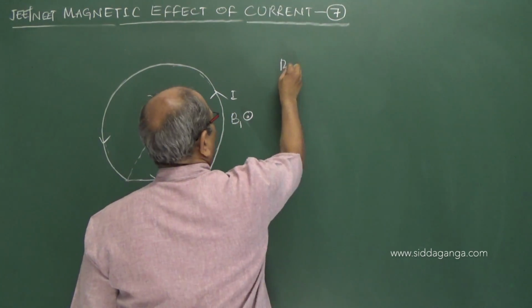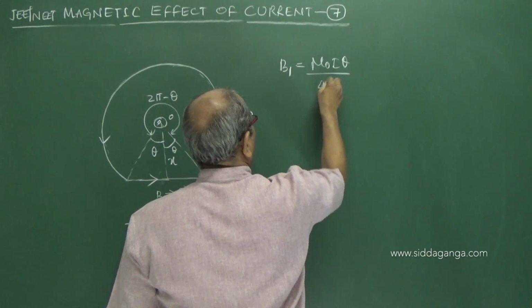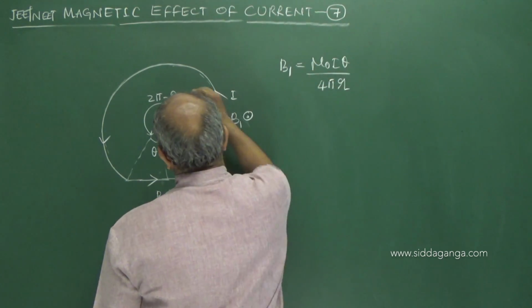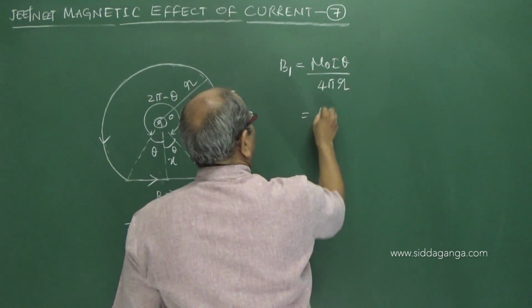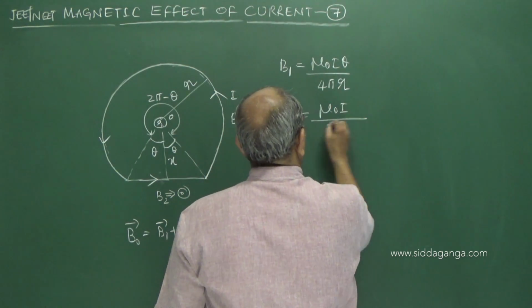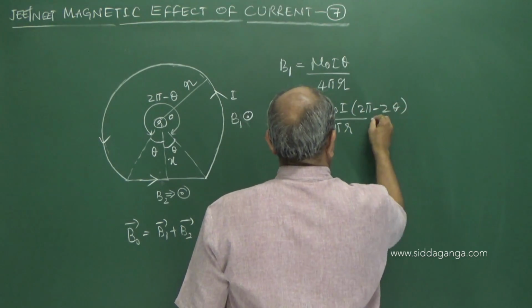So how much is this? For B1 the magnitude I use is the relation mu naught I theta by 4 pi r, where r is the radius of the circle. Mu naught I by 4 pi r into 2 pi minus 2 theta.